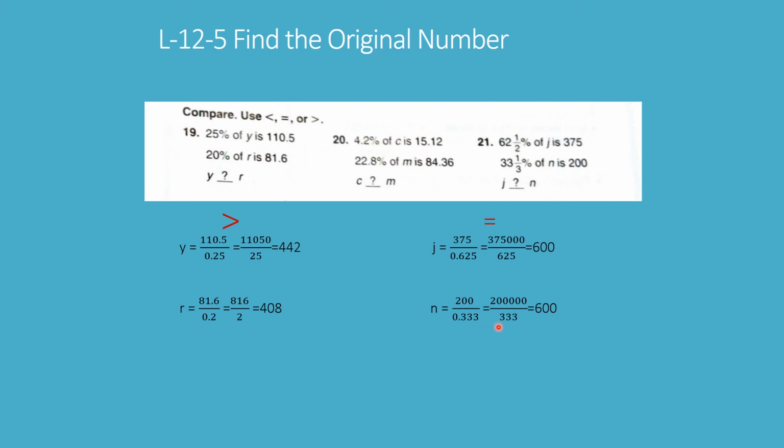Approximately we can take it, because you know the 3s go on, so I will take just 1. Then again multiply numerator and denominator by 1000, because after the decimal there will be 3 decimal places. The answer will be 600. Both are equal.